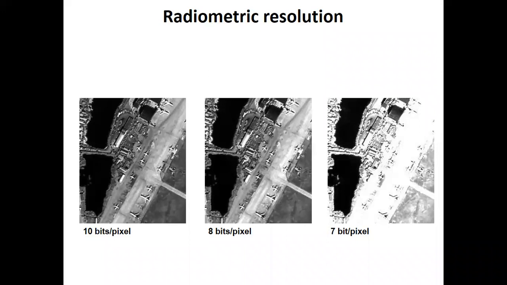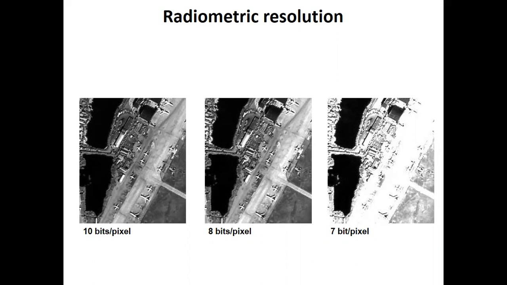We just artificially reduced the number of bits used for every pixel, and you could see that in this airport you could see much more detail if you use 10 bits per pixel, because we have more gradations of gray, rather than if you use 7 bits, when it will be too light or too dark, and some details will be lost.